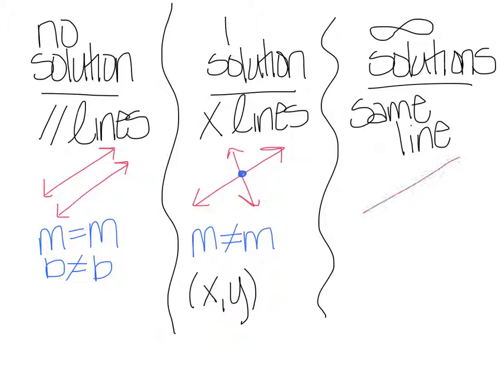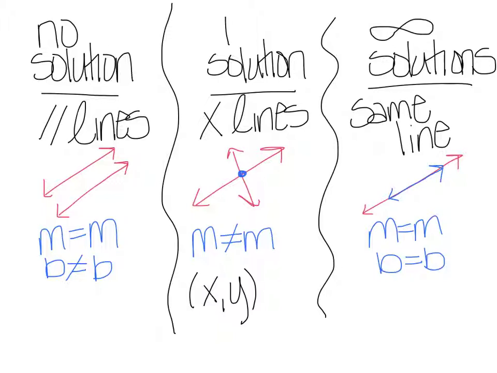So if you had this line as one of the equations and the exact same line as the other equation, you could see how you would have infinite solutions because they have every single possible point in common. So the same line obviously would have the same slope and the same y-intercept.